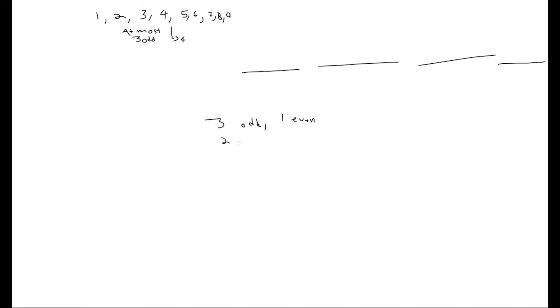We could have 2 odds, 2 evens, 1 odd, 3 evens, or 0 odd, and 4 even. Okay, so we have our scenarios, and we would just calculate it the same way that we calculated before.